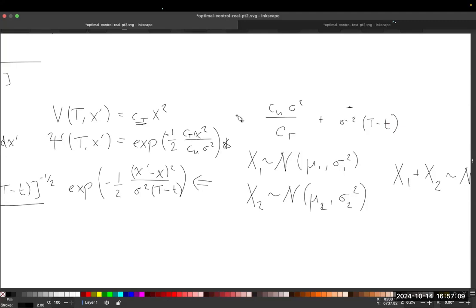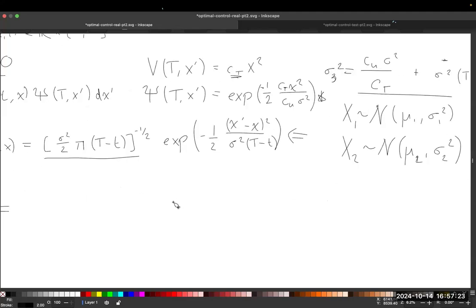Let's call this sigma 3 squared. That is going to be the variance of our resulting Gaussian function.